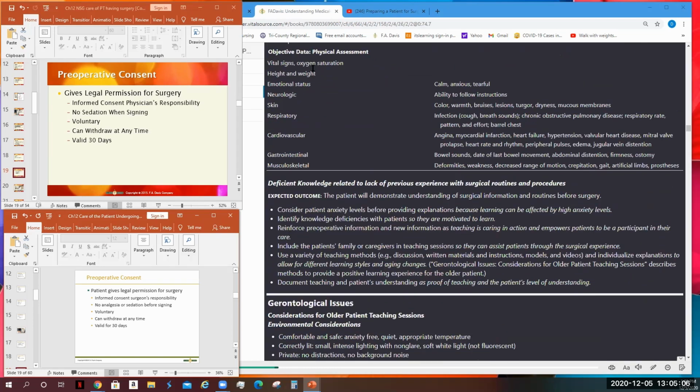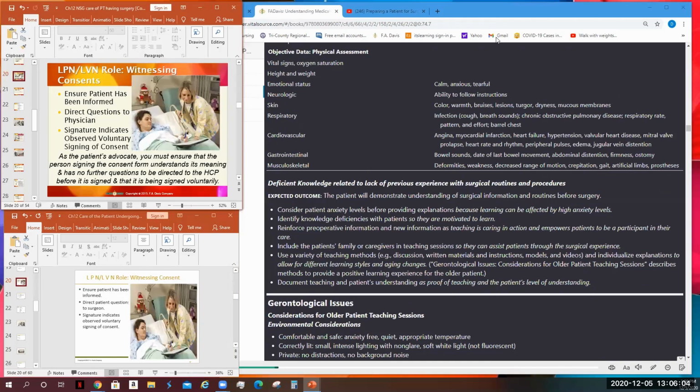Objective data, physical assessment, vital signs, oxygen saturation, height and weight, emotional status, calm, anxious, or tearful, neurologic, ability to follow instructions, skin, color, warmth, bruises, lesions, turgor, dryness, and mucous membranes.